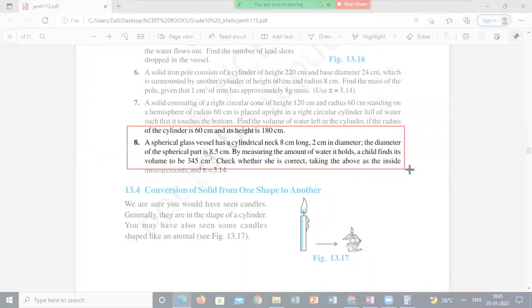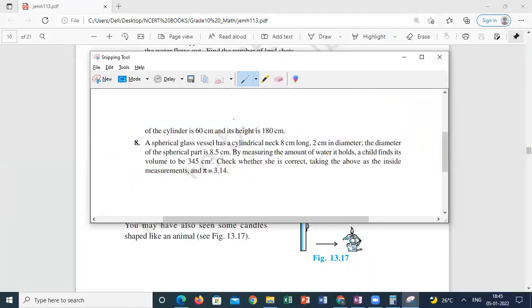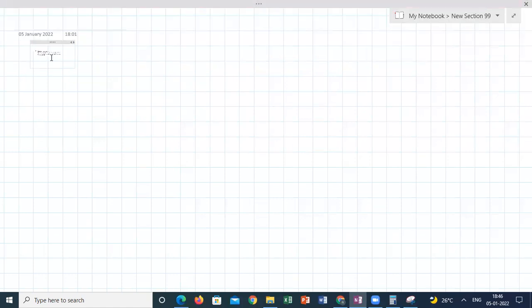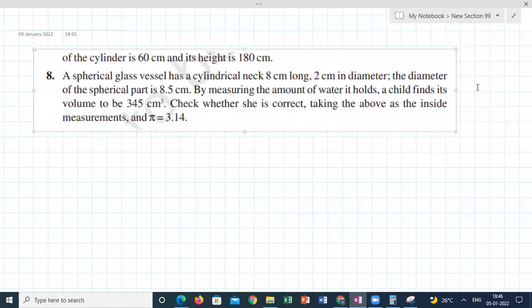The last question for today. The rest of the questions that I left are a little bit hard. I will explain them in the next class, because it will be useful to understand the conversion of volumes. It will require a little bit of percentages and all. We will discuss in the next class. Yeah, please try to solve this question.